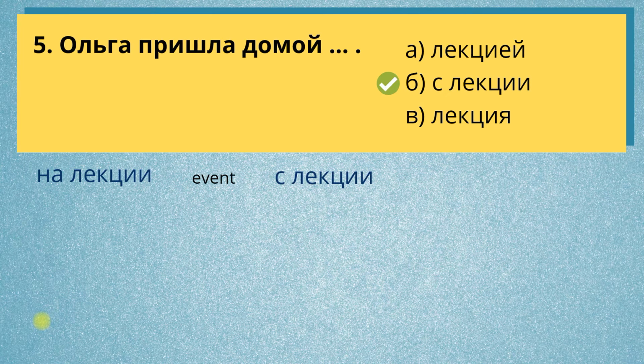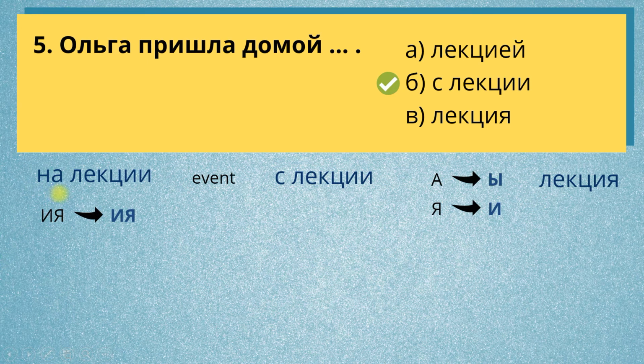And с лекции would be the opposite one. На, and the opposite is с, when you go from an event. Лекция with я ending. Originally it's я, of course feminine. But we know that if it's a feminine singular noun, in genitive, а should be replaced with ы. But we have я, and я should be replaced with и. That's why it's с лекции.